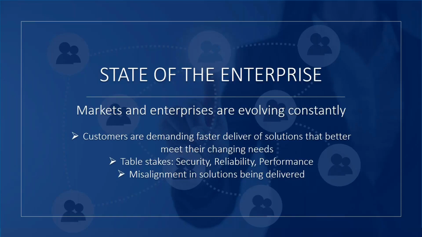And then lastly, there's misalignment in solutions being delivered. The enterprises with their customers, there seems to be a disconnect, as well as misalignment internally. Often we see there's misalignment between the business and IT, but this misalignment can occur throughout the organization, and you'll see a lot of that tone come out once we start talking about why customer journey mapping is so critical to alignment and experience from end to end.